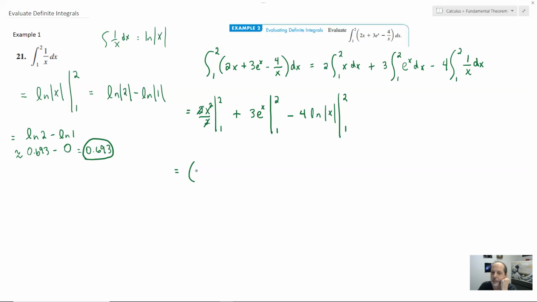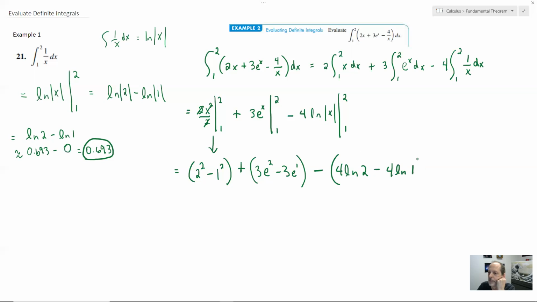All right, so this is going to be 2 squared minus 1 squared, plus 3e squared minus 3e to the first, minus 4 ln, absolute value of 2 is 2, minus 4 ln 1.